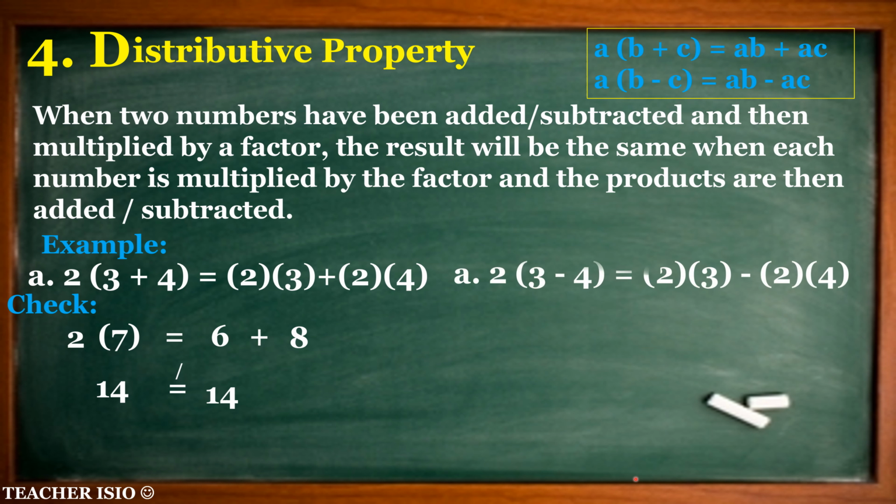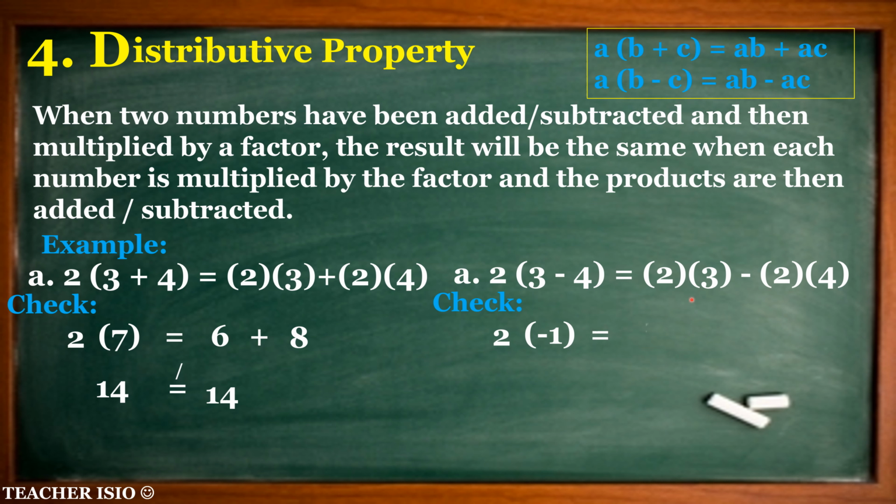So let's have another example. This time we have subtraction. So we have 2 times (3 minus 4) equals 2 times 3 minus 2 times 4. So let's check kung same lang ba ang lalabas. So 2, what is 3 minus 4? We have negative 1.